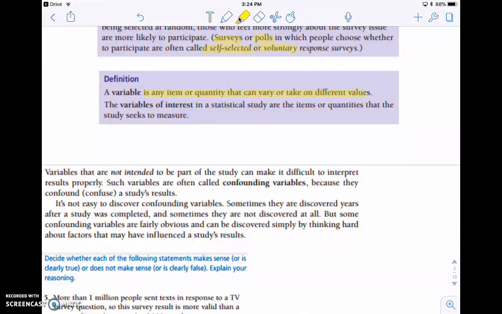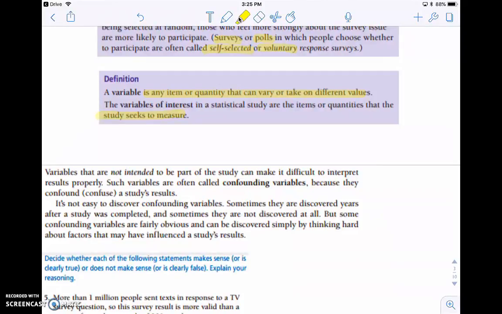Those are different variables that can take on different values. Now, the variables of interest in a statistical study are the items and quantities that the study seeks to measure. So in a study, the variables of interest need to be outlined, they need to be defined, and they need to tell us how they're going to measure those variables.